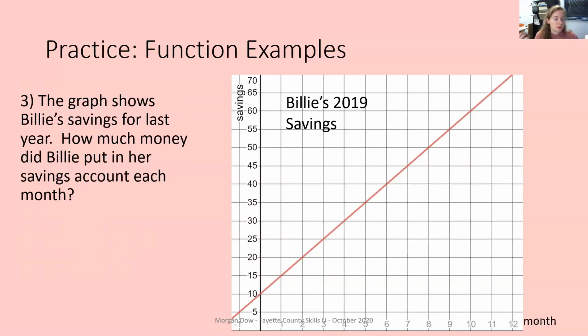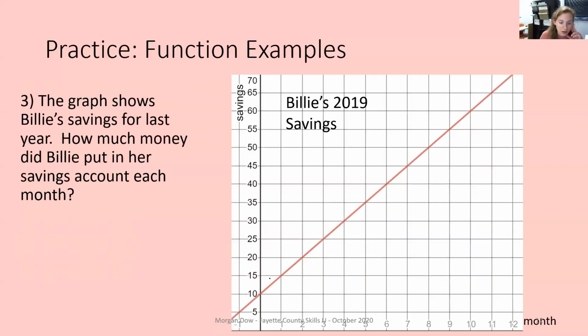All right, how much money did Billy put in her savings account each month? So she started with $10, and then at the end of January, she had $15. At the end of February, she had $20, and then March, she had $25. April, she had $30, $35, $40, $45, $50.